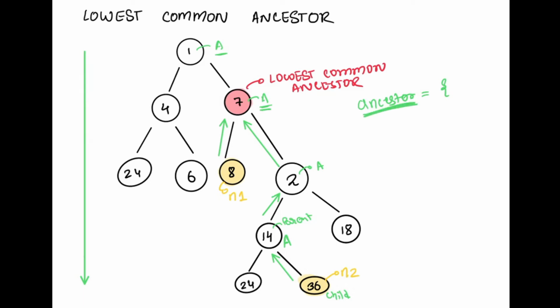So this ancestor is a map or a dictionary, and what it will store is child, parent nodes. So for 4, the ancestor of 4 will be 1, ancestor of 7 will be 1, 8 will be 7, 2 will be 7, 14 will be 2, 8 will be 2, 24 will be 14.